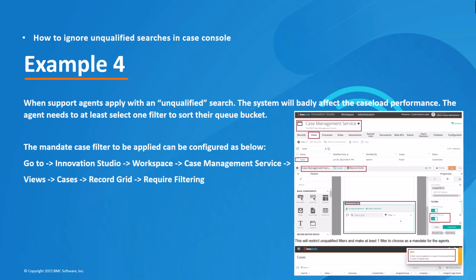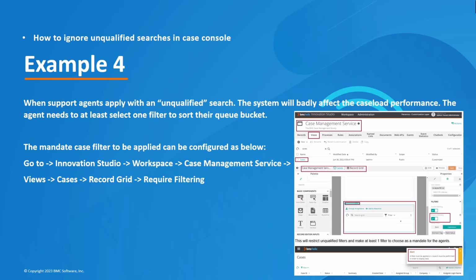Moving forward to the next example, here we want to ignore any unqualified searches in the BWF case console. Support agent should always give some qualification to query the database to retrieve the case IDs. Any user giving an unqualified search will affect the overall performance, and we should always restrict the support agent to use the filter rather than removing all the preset filters.